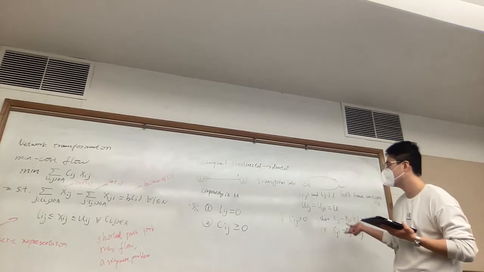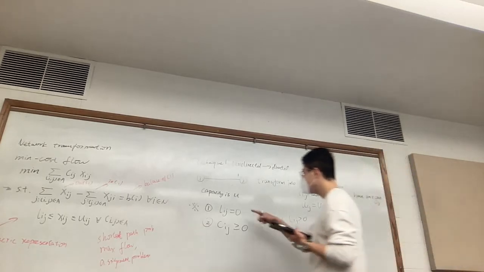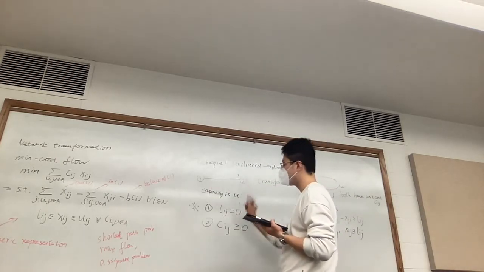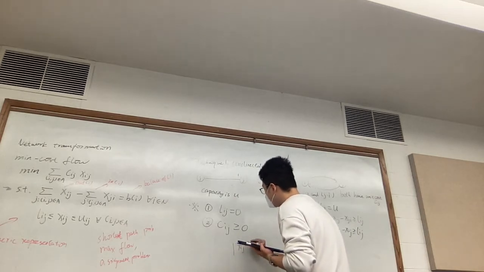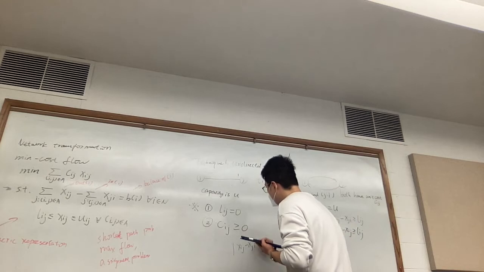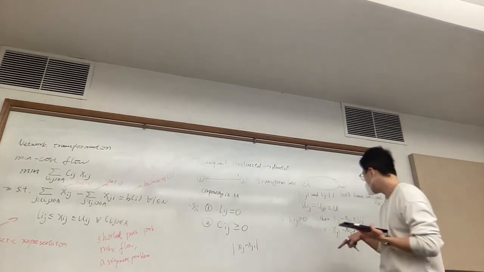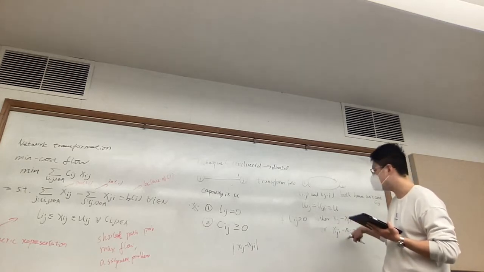Either case should happen, because let me explain again. The flow on Ij in the original problem is just the absolute value of Xij minus Xji in the transformed problem. So either case should happen.